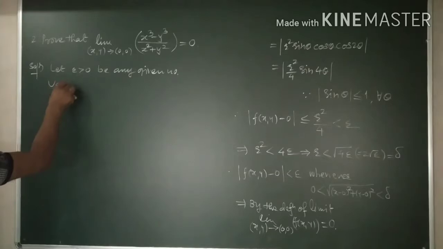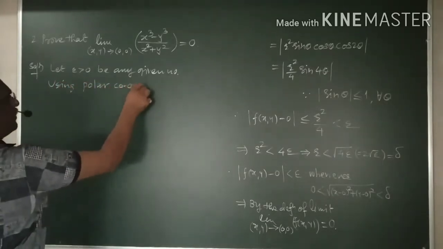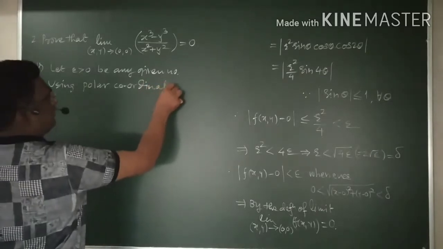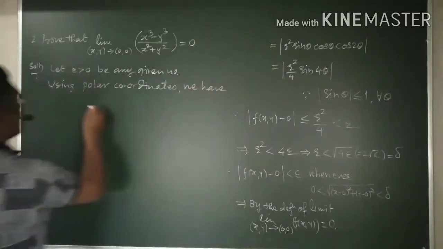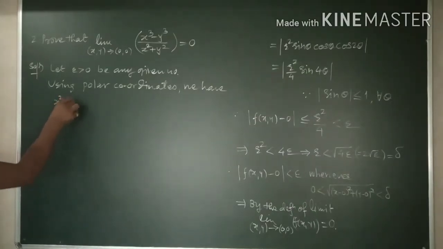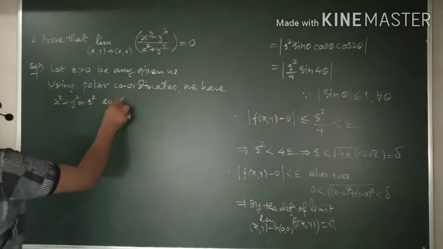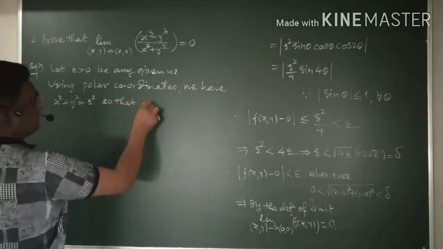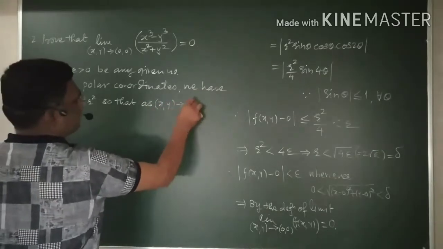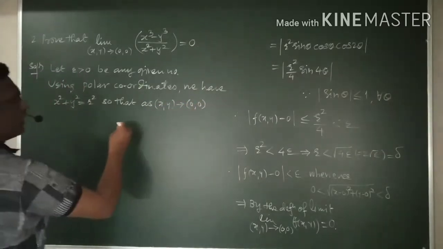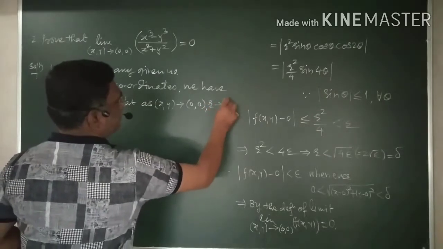Using polar coordinates, we have x square plus y square equal to r square, so that as (x, y) tends to (0, 0), r tends to 0.